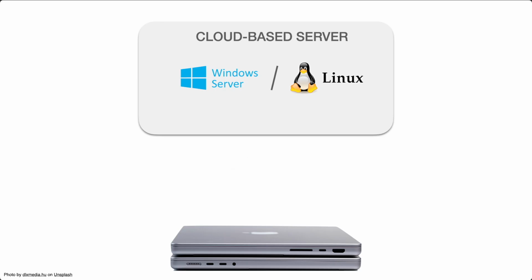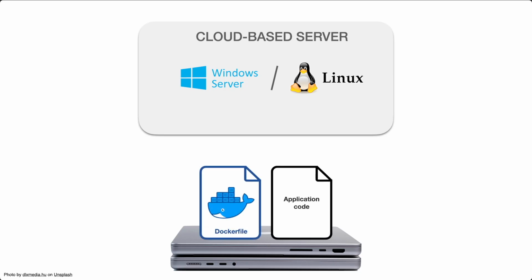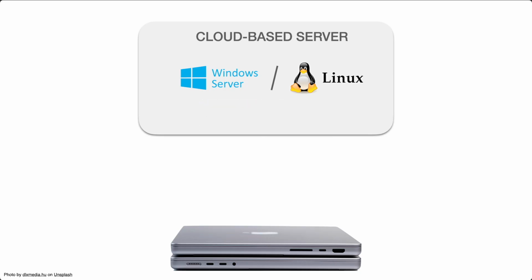When doing deployment, you usually include the Dockerfile in your application's code. The cloud-based server can then take that Dockerfile and build your application in the exact same way as it would do on your local computer, and then run it.